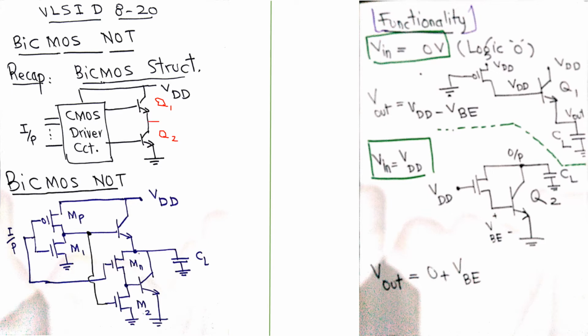We have this as the output terminal where we connect the output load capacitance CL connected to ground.